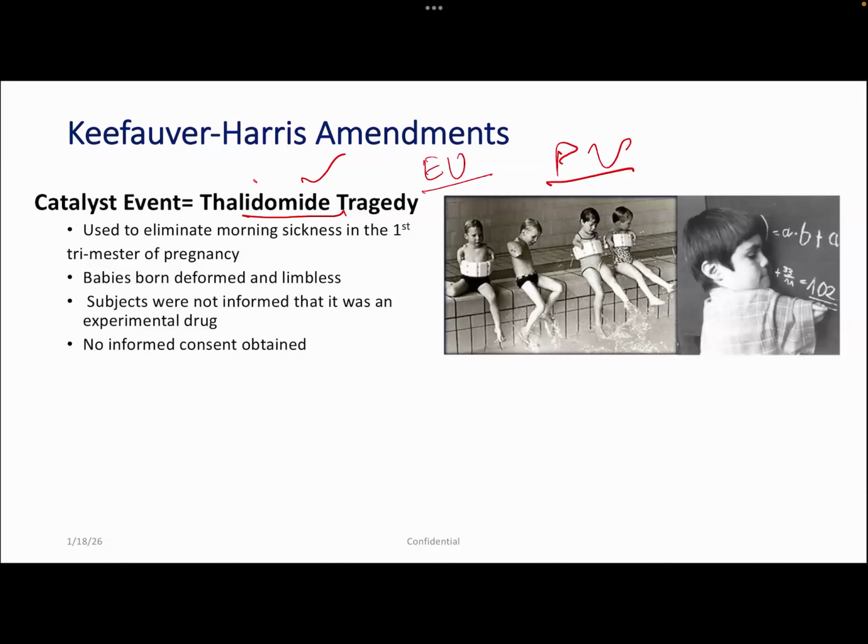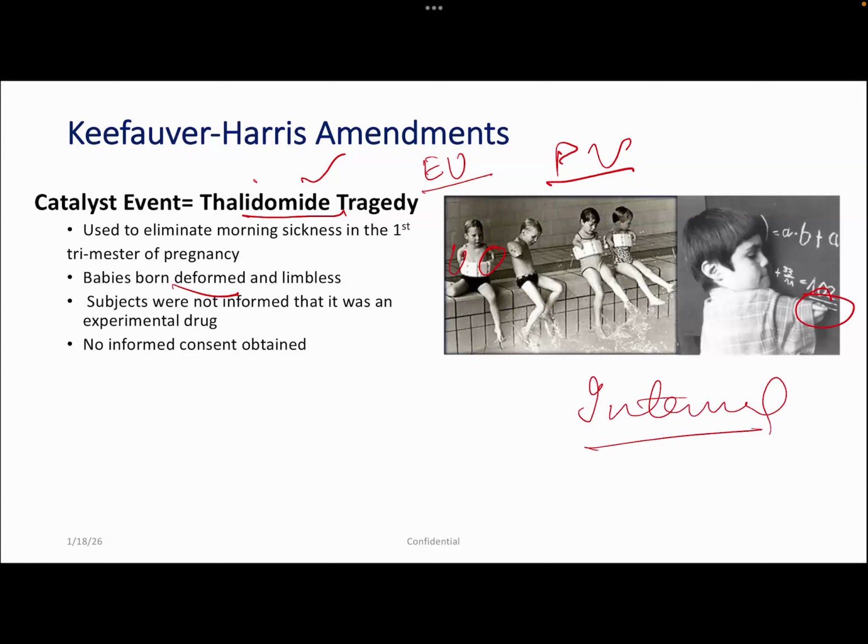Doctors used to give this to deal with morning sickness in pregnant ladies, and the babies who were born were deformed. Either they were limbless, or even internal organs were sometimes damaged.